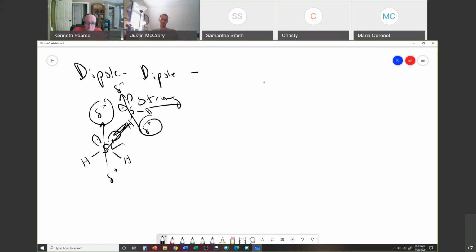So if you take something that's about the same molecular weight that is not polar, let's say we take sulfur hexafluoride, non-polar. Yeah, sulfur hexafluoride's a bit heavier than dihydrogen sulfide. But the bottom line is this thing has only LDF forces, and the other one has dipole-dipole.